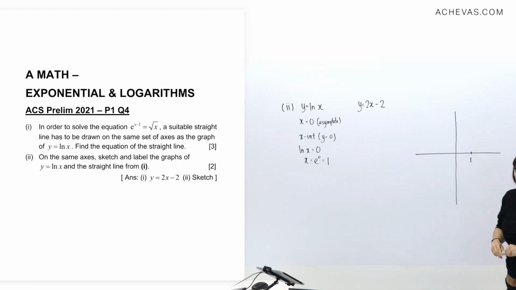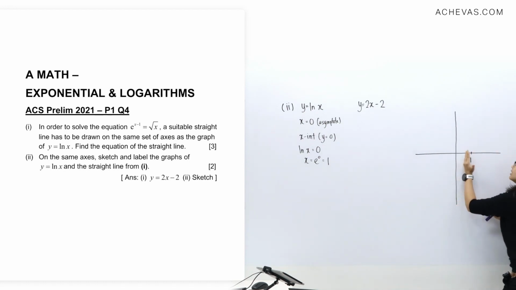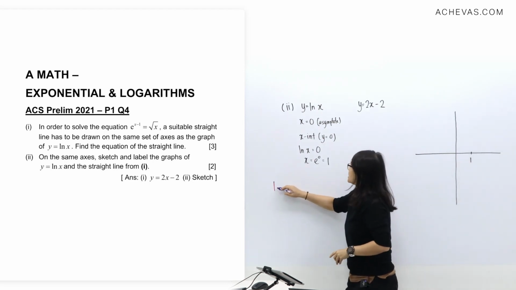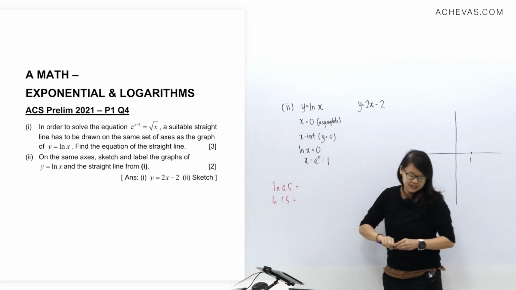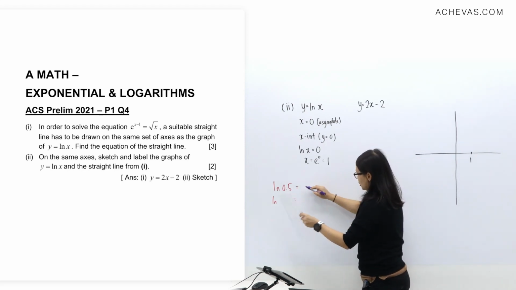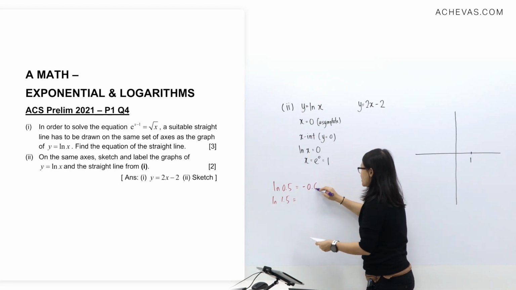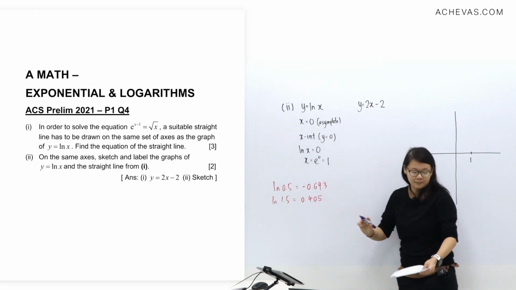So let's say if you do not know how the logarithm graph will behave, because the asymptote is the y-axis, you could draw something like this or you could draw something like this, okay? What you can do is just take your calculator and test the value on the left and on the right. So I'm going to test 0.5 and 1.5 from my calculator and see what values I will be getting. The calculator answer here, I will have ln 0.5 as negative 0.693 and 0.405 for ln of 1.5.